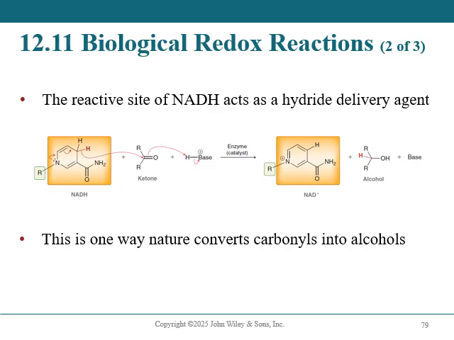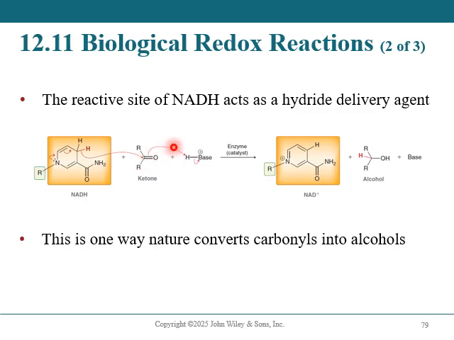The reactive site of NADH acts as a hydride delivery agent, just like sodium borohydride and lithium aluminum hydride, but less violent. This is one way in which nature converts carbonyls into alcohols. So you have the NADH active site, you have the hydride, it attacks, and then you get the electron transfer here.